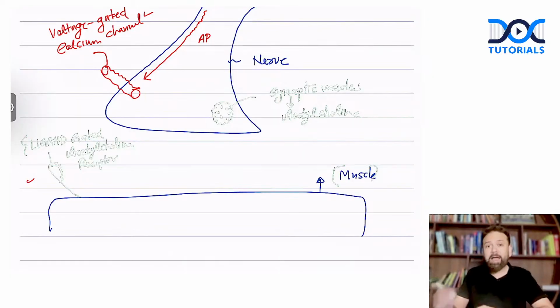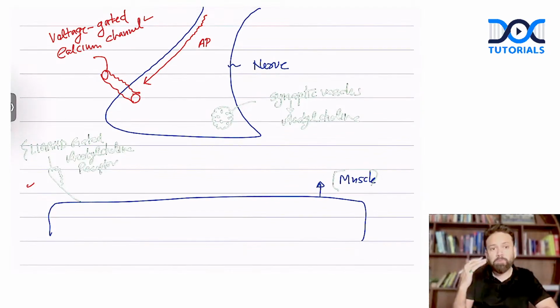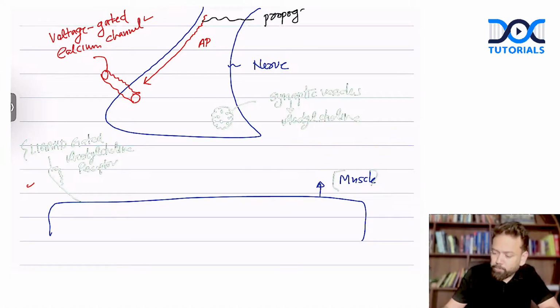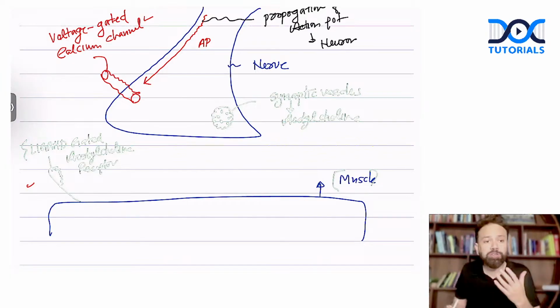So whenever the action potential is coming down, where? At the end of the neuron. What is action potential? The fluctuation in the ions. It is simply the propagation of the action potential, which is happening at the end of the neuron.